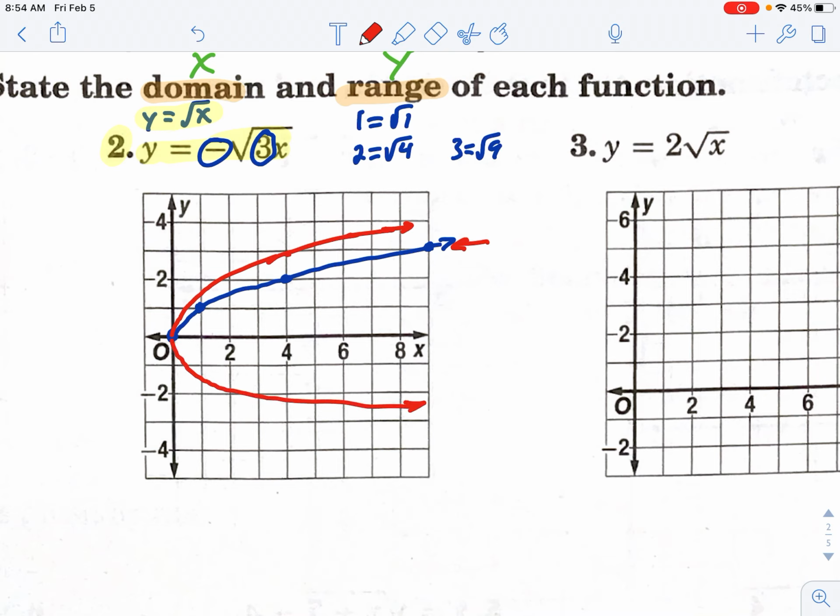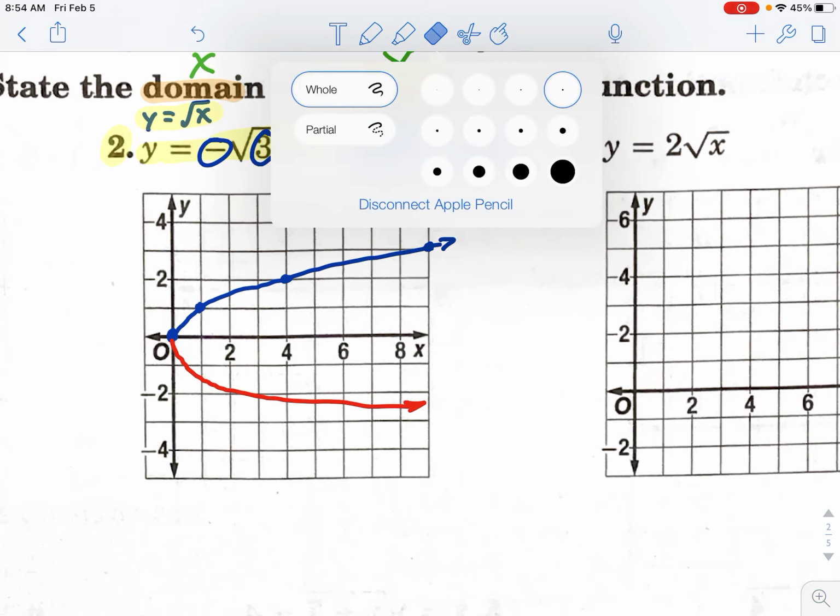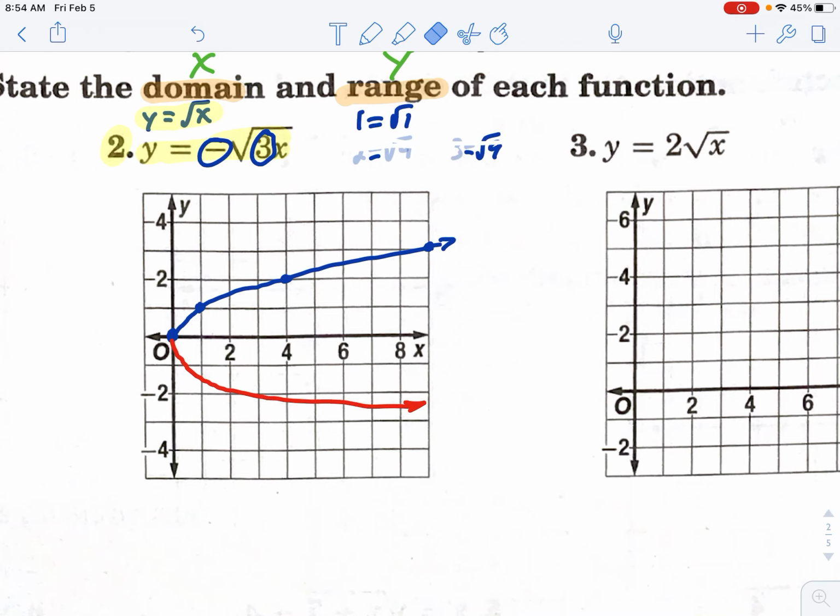So when I graph this on Desmos, I'm going to expect to see something like that. It's not going to go through (1, 1) anymore, or (1, -1). It's been compressed.